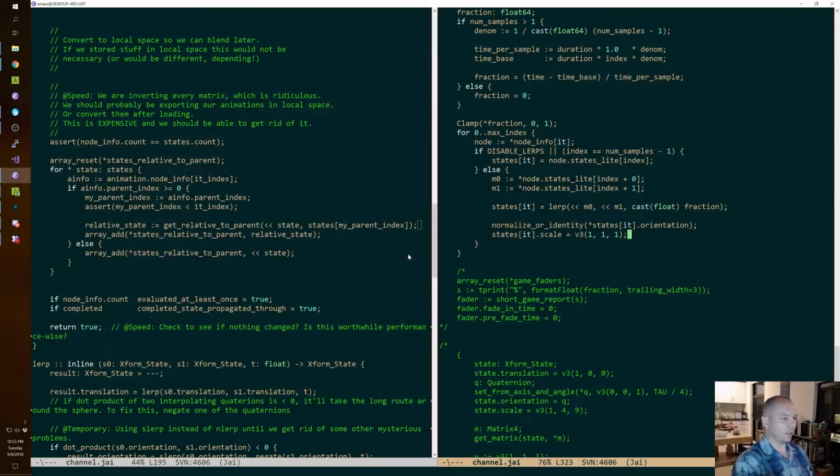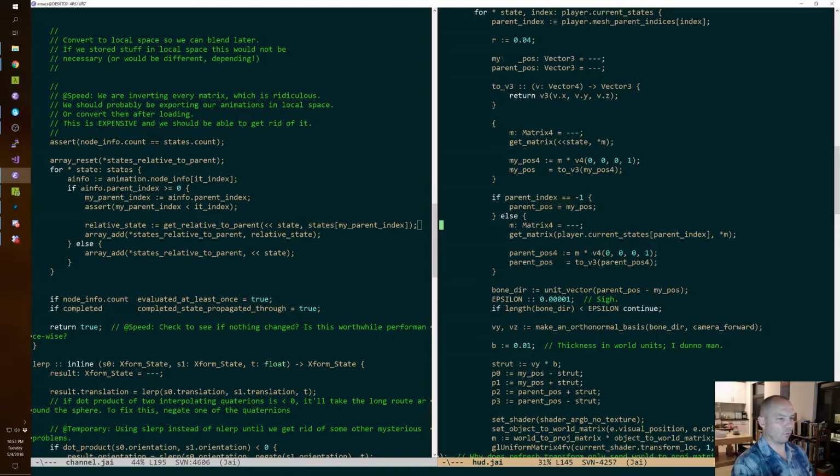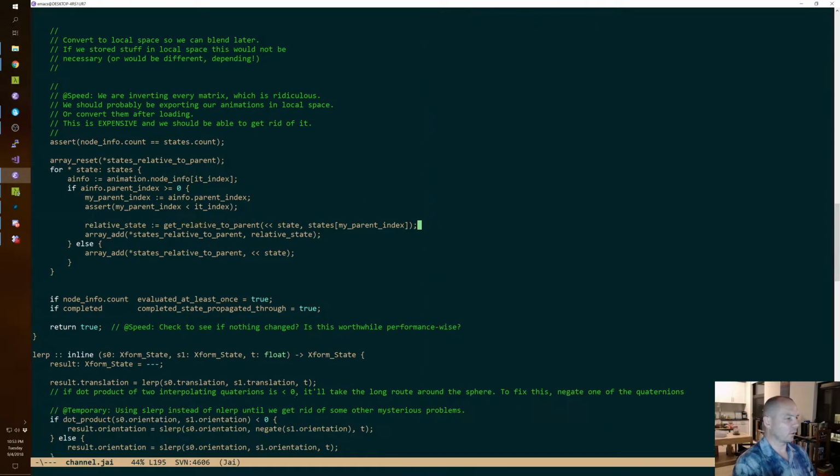When I'm drawing my animation HUD, how do I draw the bones? I manually transform. So if there's a problem in the shader with the mesh size, I do not inherit that problem here.